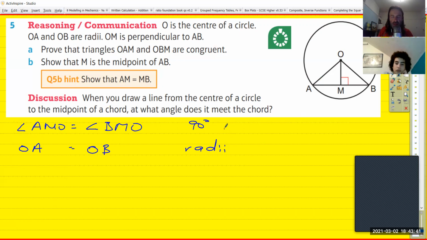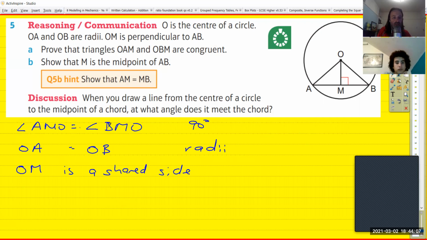But we don't know that for certain. We would have to prove that. We're kind of assuming that, but we can't prove it. It's kind of a weird one. It's like saying OM equals OM. Basically, the way you phrase it is OM is a shared side. It's in both of them. What do we have?